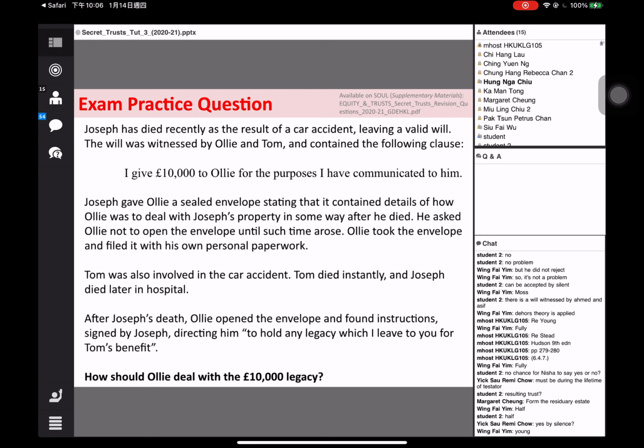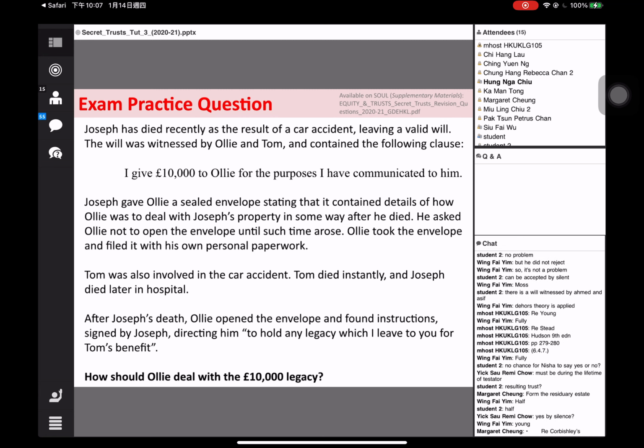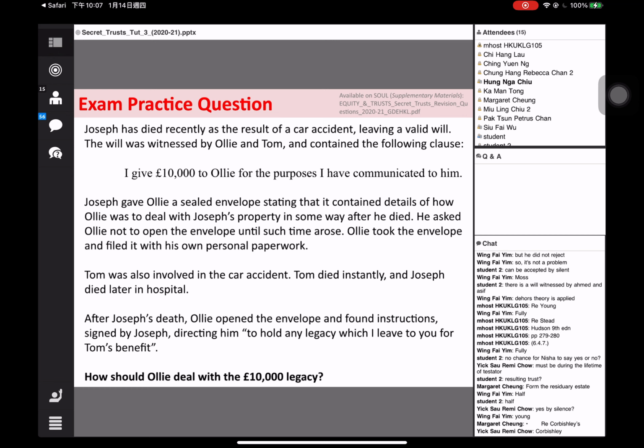The general rule: if a beneficiary dies before the testator, so before the constitution of the secret trust, then they will not benefit from that trust. Yes, Corbishley. That's the general position. So according to the general position, that secret trust would fail.